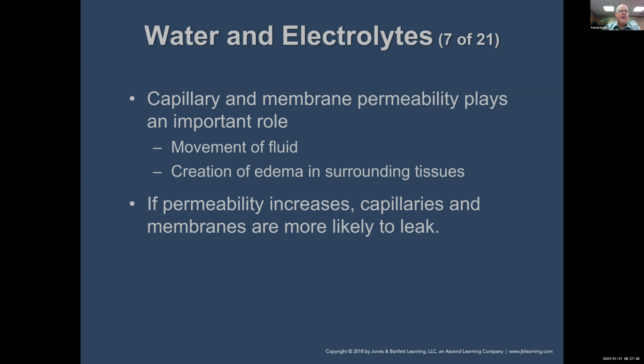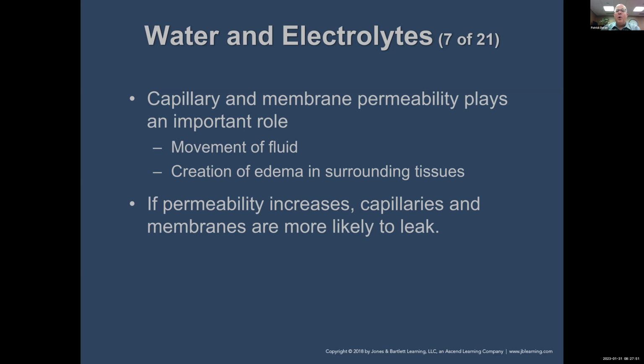Okay, so I think we talked about capillary membrane permeability and how it plays an important role in moving fluids. Remember, capillaries are the end stage of the arteries and the beginning stage of the venous system, okay? It moves our fluids around. That's where we have problems with edema starting.